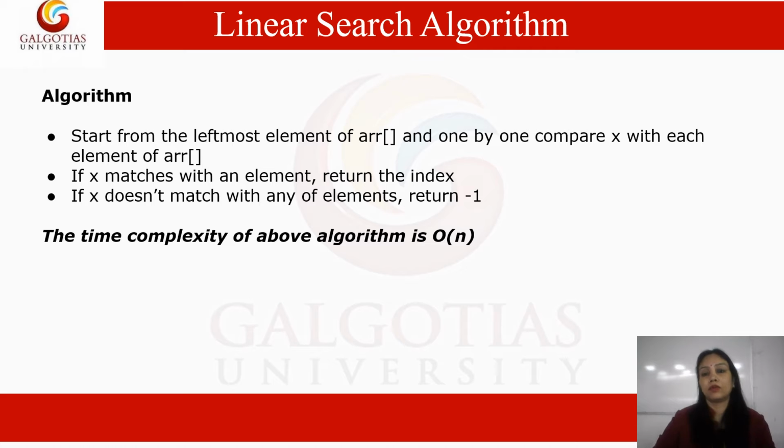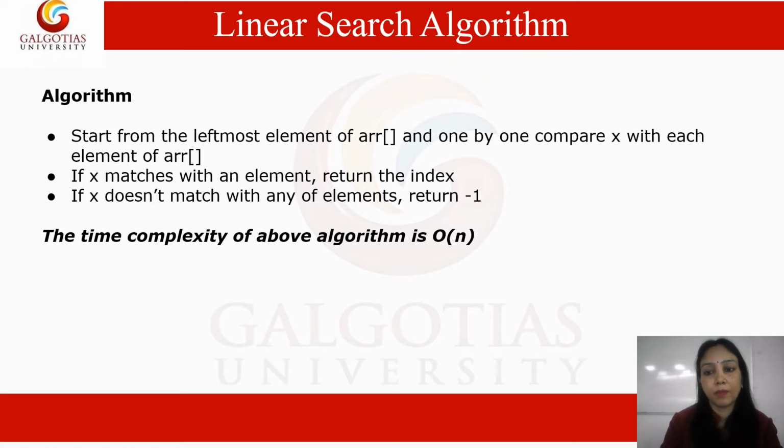So here on your screen, the algorithm for linear search is available, and you all know what an algorithm is. In an algorithm, we are mentioning the steps for a particular task. So the first step is to start from the leftmost element of an array, and one by one compare with each element of the array, where x is the number which you want to search.